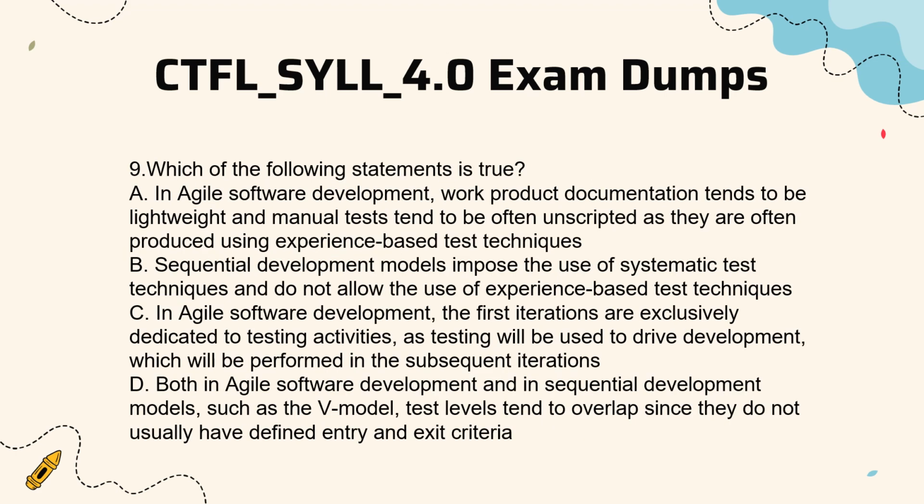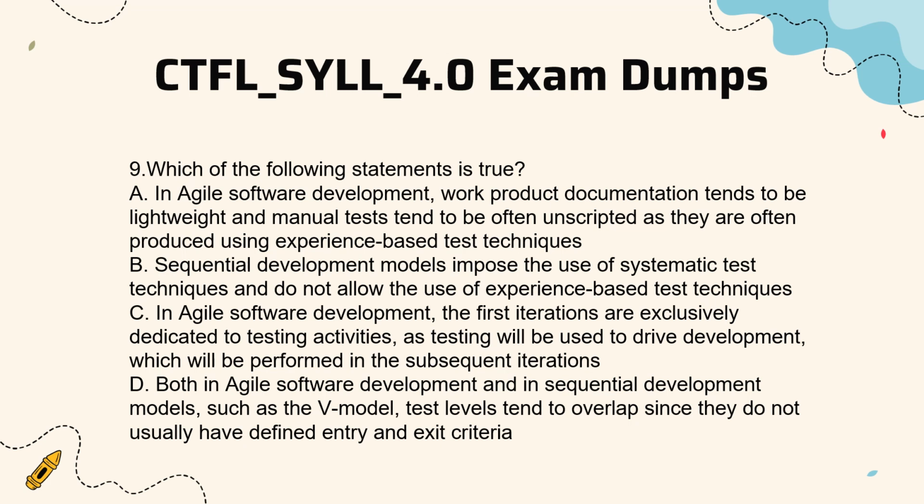9. Which of the following statements is true? A. In agile software development, work product documentation tends to be lightweight and manual tests tend to be often unscripted as they are often produced using experience-based test techniques. B. Sequential development models impose the use of systematic test techniques and do not allow the use of experience-based test techniques.